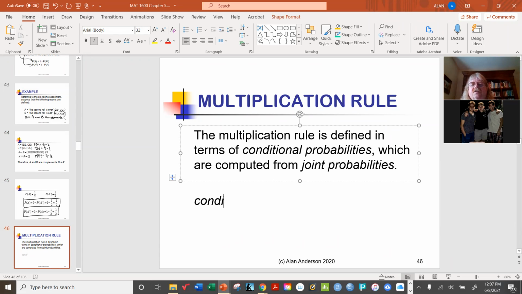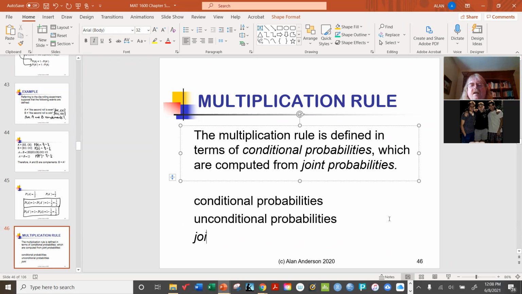They would be conditional probabilities. Then we have unconditional probabilities. And then finally, we have joint probabilities. All of these need to be defined before we can do the multiplication rule.